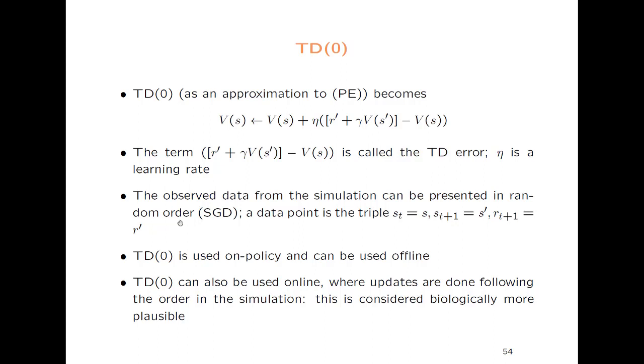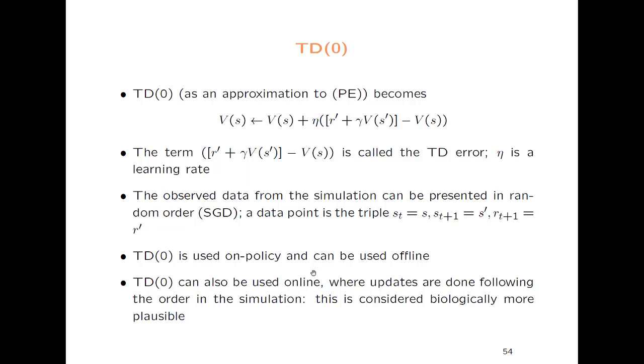You don't have to follow the actual sequence of events. So TD0 is used on policy. Obviously, we want to evaluate a policy, and then we also have to simulate with that policy, but it can be used offline. In this way, we could update our value function until some form of convergence.